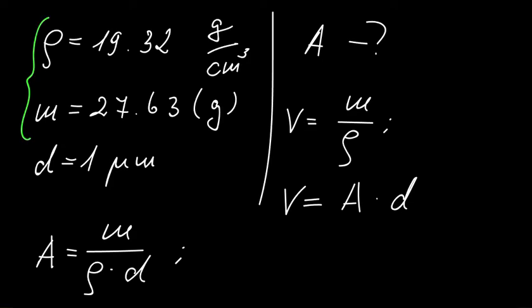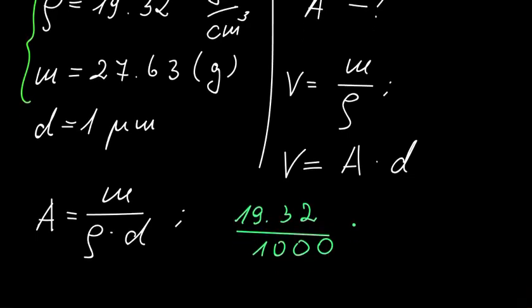So let's first deal with our density. The density in kilograms per cubic meter would be 19.32 grams per cubic centimeter. Let's divide it by 1000, and this will give us kilograms per cubic centimeter. Now we need to know how many cubic centimeters are in 1 cubic meter.